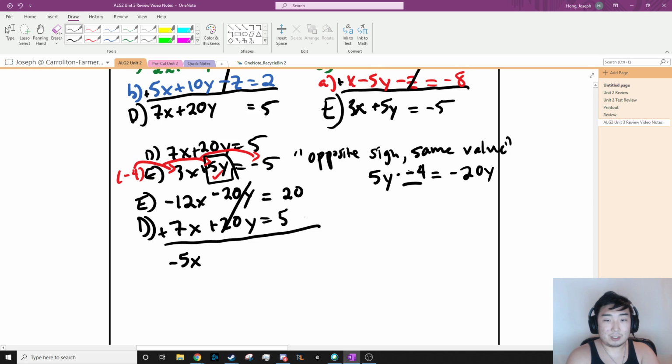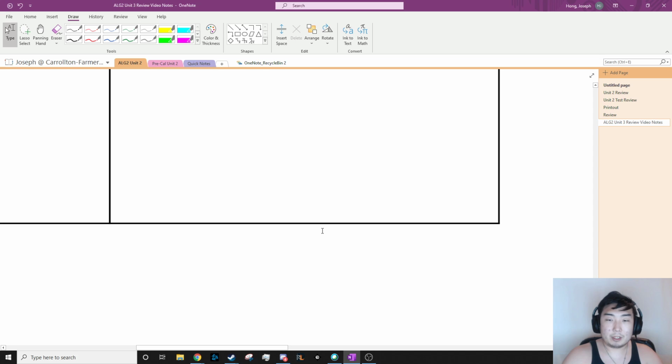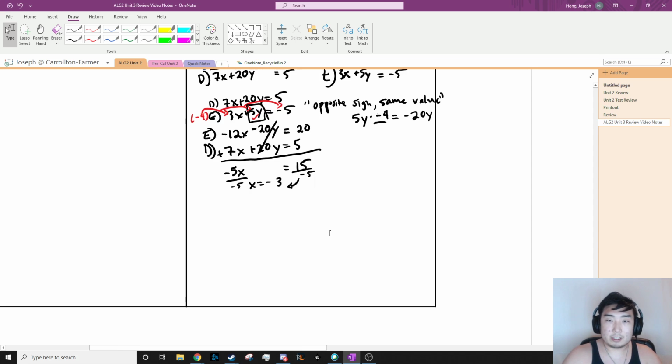This cancels, and this is equal to 15. So x is equal to negative 3, because if I divide negative 5 on both sides, bada bing, bada boom. So far, I'm pretty good right now. I should feel pretty good, because getting my first variable is the hardest. So this is negative 3.